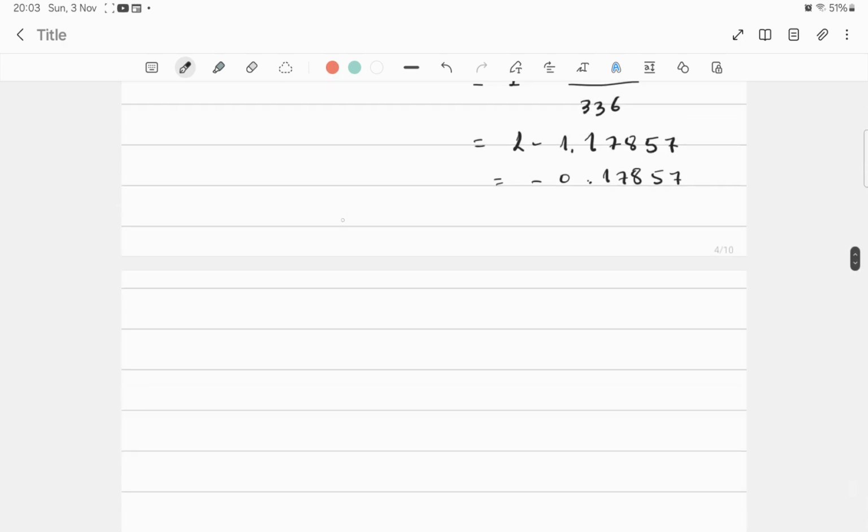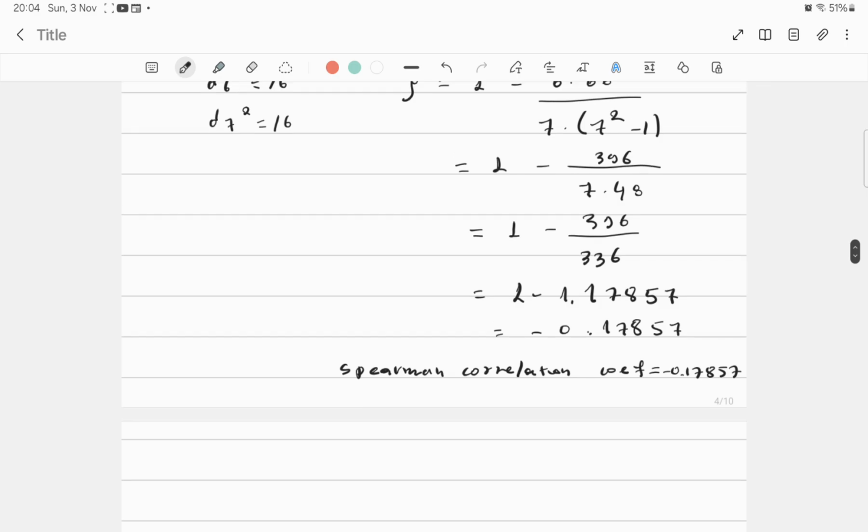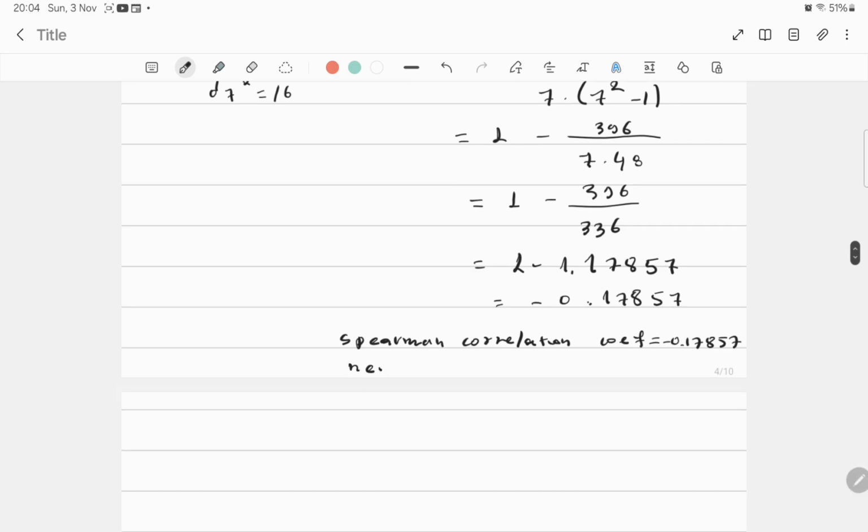That's my Spearman correlation coefficient. We have negative correlation in this case.